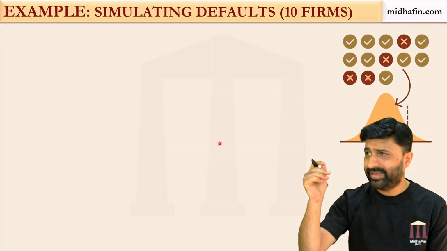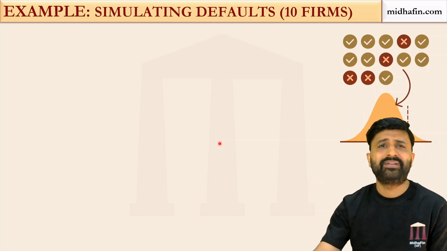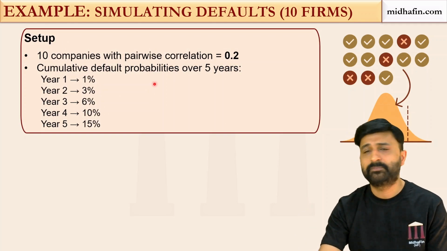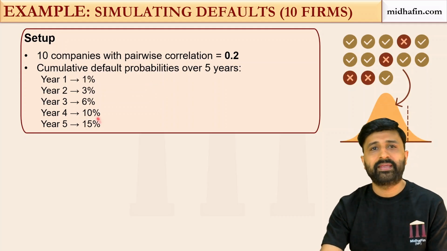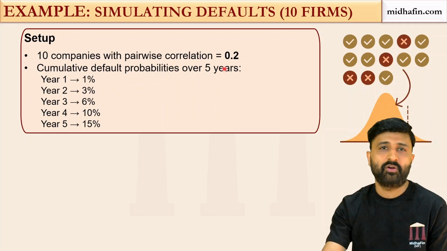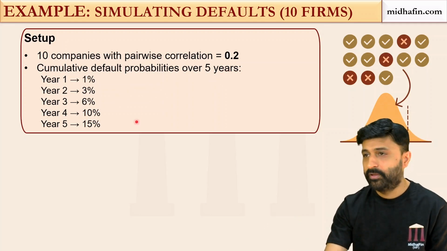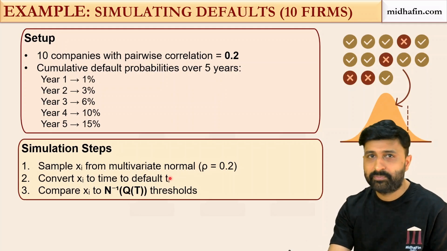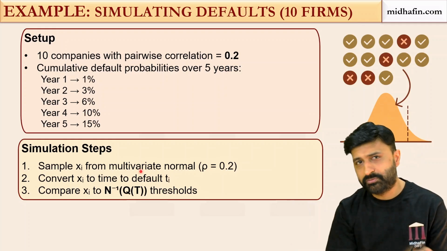Now let's take an example and see how this looks in practice. Say we have 10 companies, each with the same default probability curve: 1% in 1 year, up to 15% by year 5, and a correlation of 0.2 between any pair. To simulate this, we first draw a set of standard normal variables, one for each company, from a multivariate normal distribution.